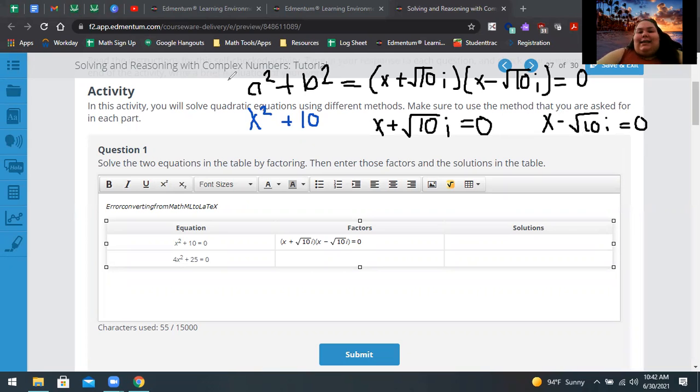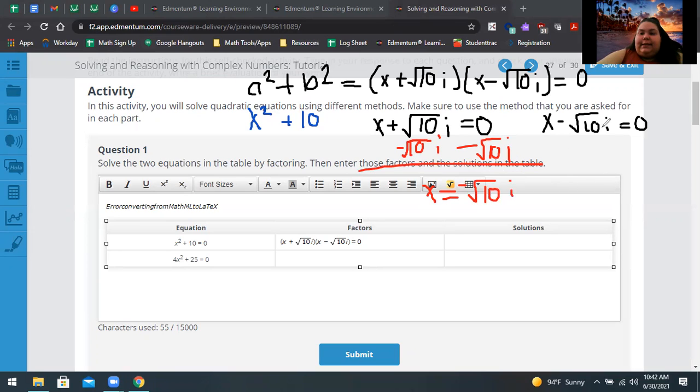And then we're just going to isolate x. So we're just moving that 10i over. So right here at plus square root of 10i, I'm going to do the opposite of it, minus the square root of 10i. That leaves me x equals negative square root 10i.